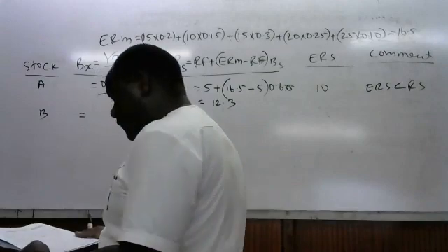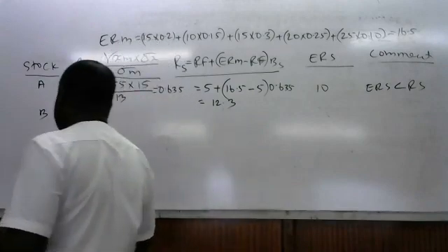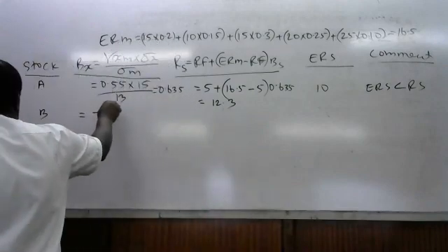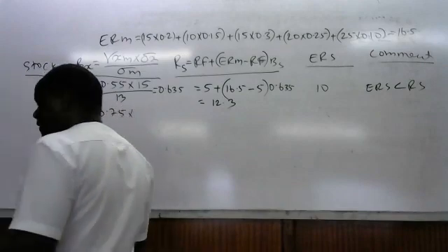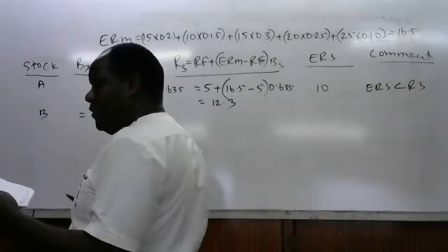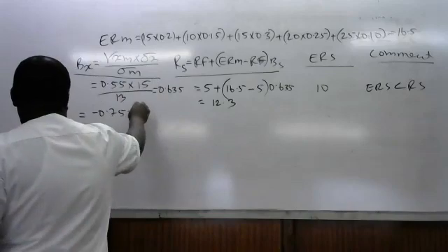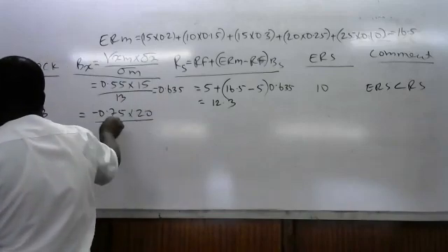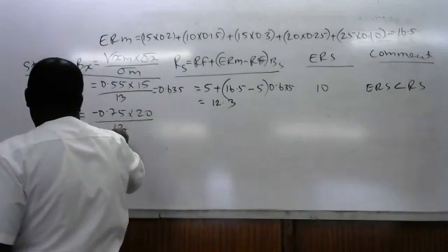So the correlation coefficient with the market is negative 0.75. Then the standard deviation was 20. The one for the market is still 13.